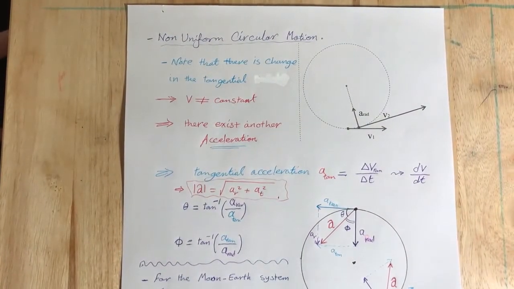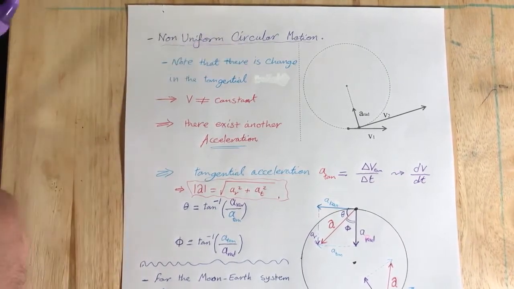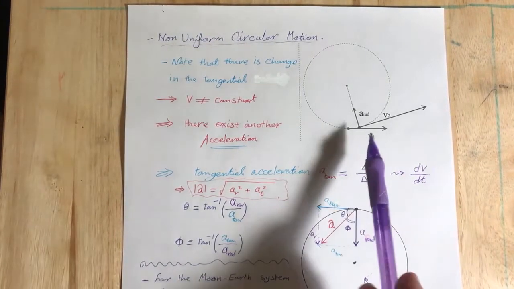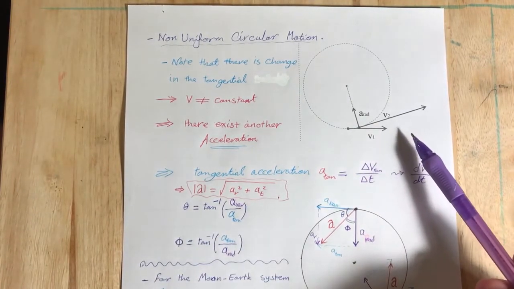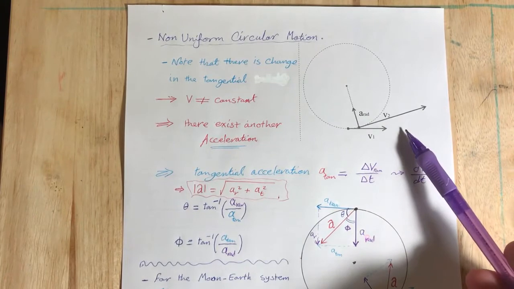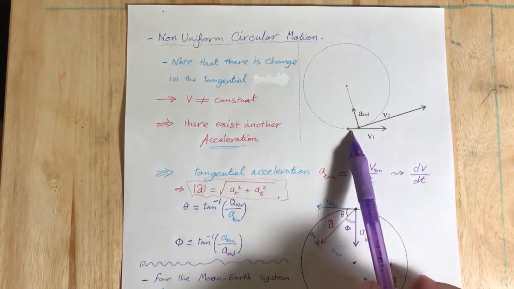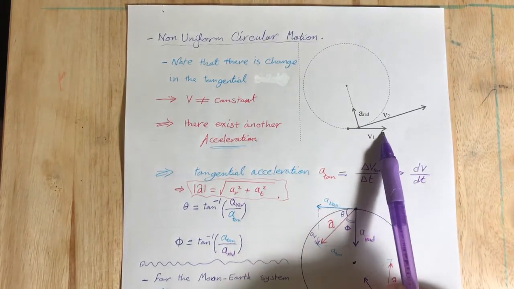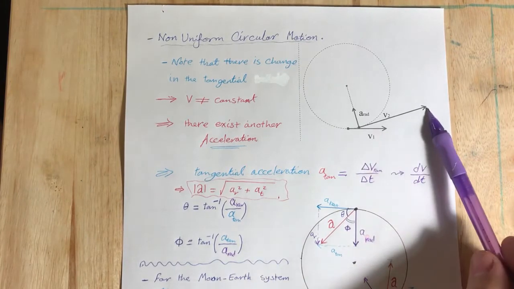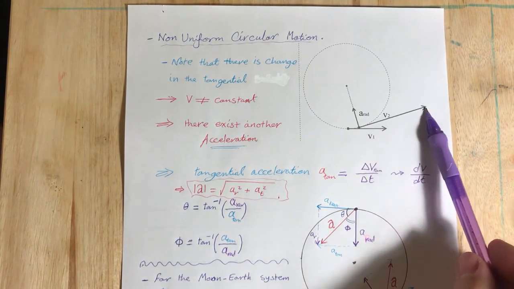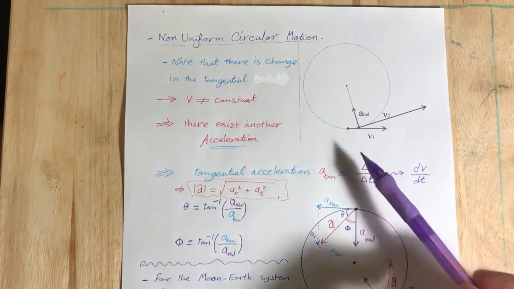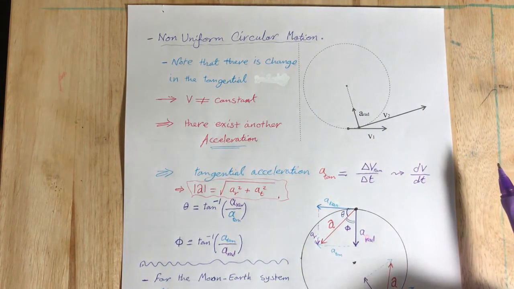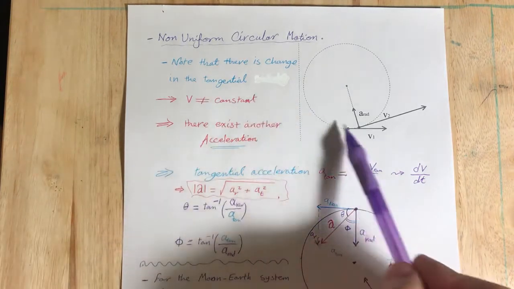Okay, now what is the non-uniform circular motion? When we have a change in the speed, then we have non-uniform circular motion. If we have initially v1 and then we have v2, which is another speed, maybe it is more or less than v1, v, which is the speed, is not constant.